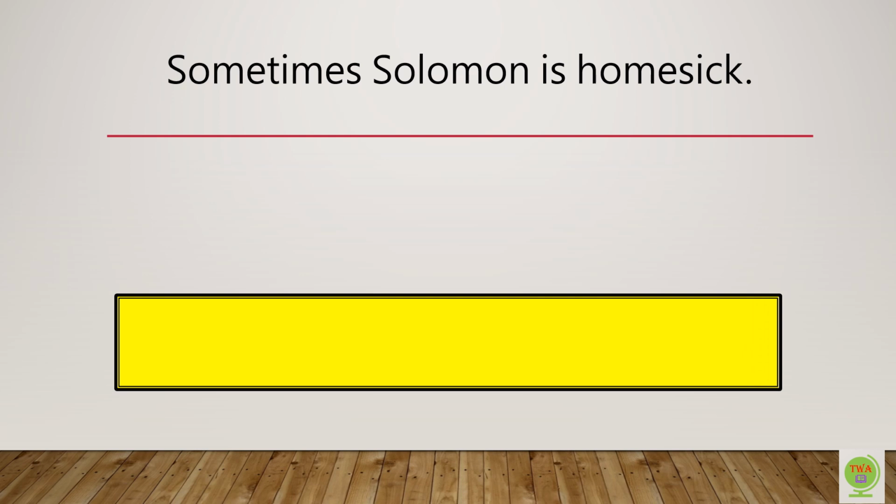If your answer is predicate adjective, you are correct. Homesick is our predicate adjective that describes what Solomon feels sometimes. And the word homesick does not come from a proper noun. All right, let's go to the next question.